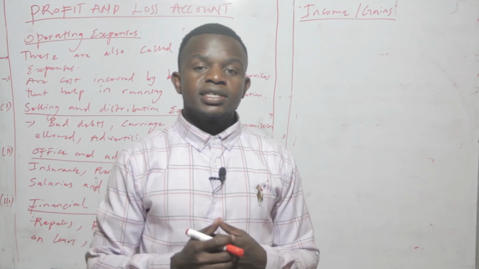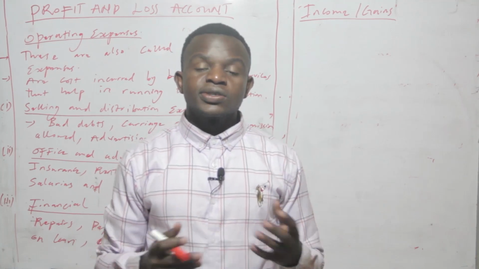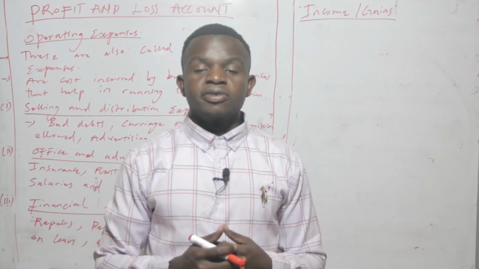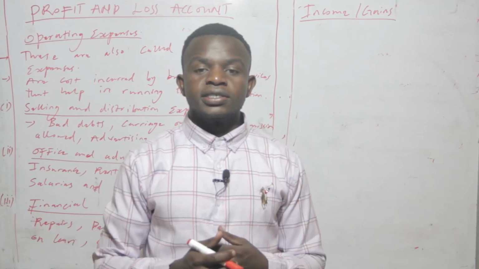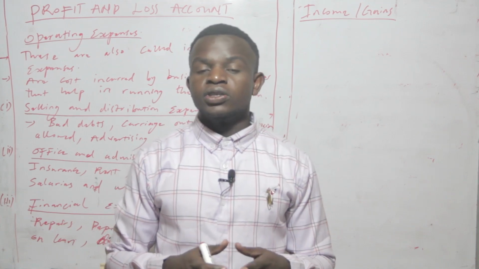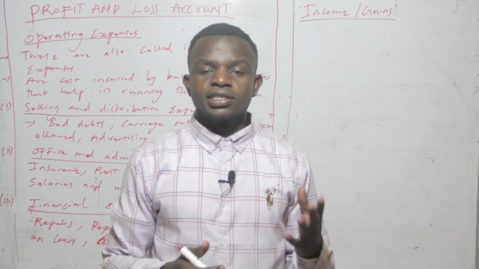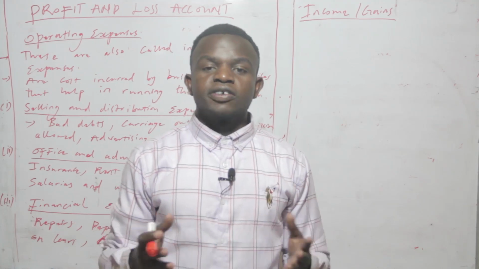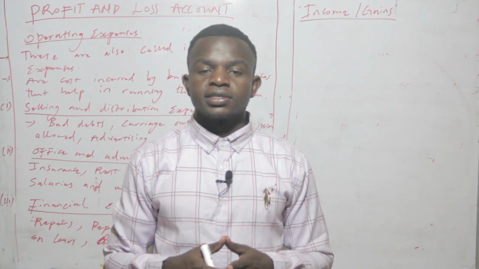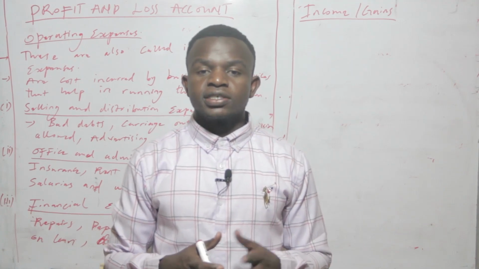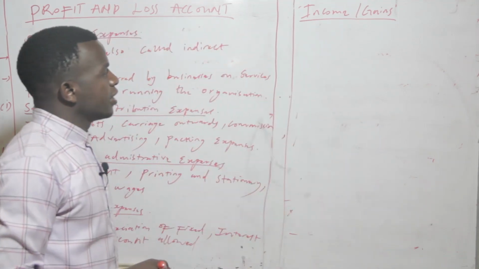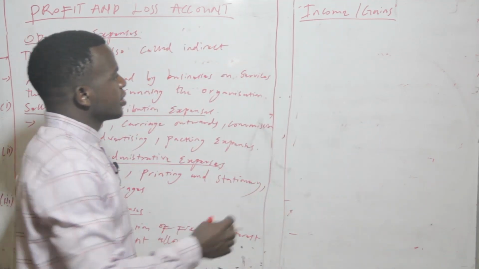Whenever the business has additional income, it has to be added to the gross profit before subtracting the operating expenses. So first we add the gross profit plus additional income. After we find our figure, that's when we subtract the operating expenses to find our net profit or loss. So that's our income or gains.